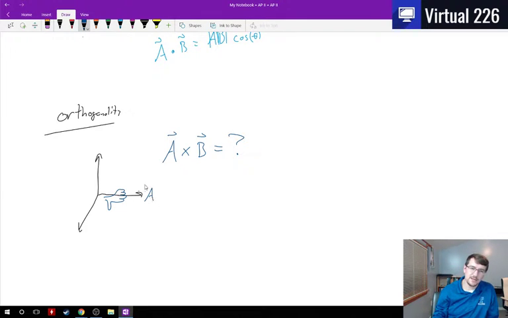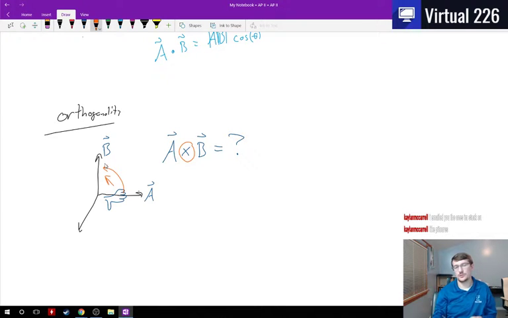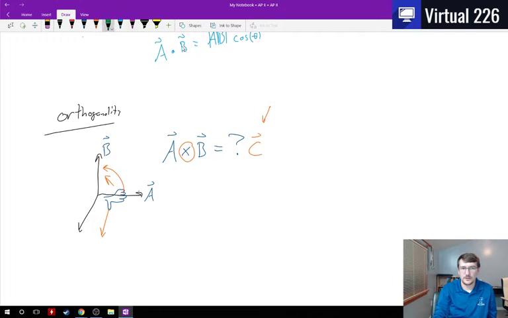If this is my A vector here, you take your fingers and place them along the A vector, and you are going to cross them to the B vector. So you're going to bring A to B. When you do this with your hands, you're going to find that your thumb is sticking out in this direction. So these two vectors, A cross B, are going to give you some new vector, C. We can honestly call this a resultant vector, believe it or not.